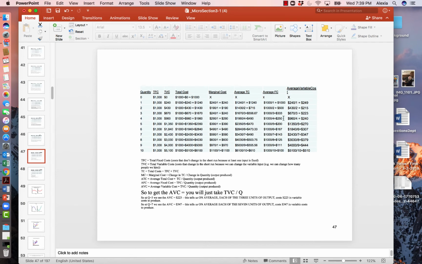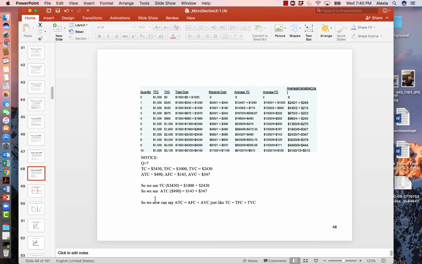This says that of that $490, each of the 4 units being produced is $250 in fixed costs on average and $240 on average in variable costs. If you add 250 and 240, that gives you the average total cost. So total costs are equal to total fixed and total variable. Average total costs are average fixed plus average variable added together. You want to be able to know what each of these things mean.